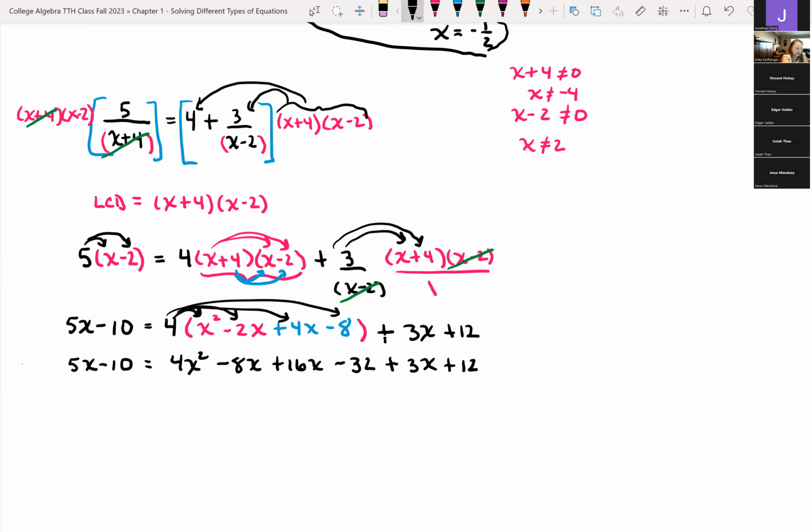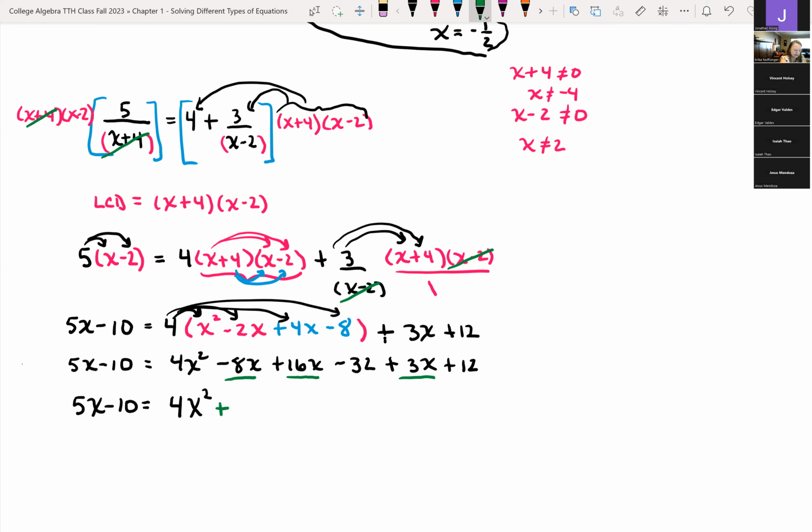So let's first bring down the 5x minus 10 because we can't do anything with that. Is equal to, well, 4x squared. There's no other term with an x squared, so let's bring that down. But I noticed that negative 8x plus 16x plus 3x are all like terms, and so we can sum those. So negative 8x plus 16x is 8x, and 8x plus 3x is 11x.